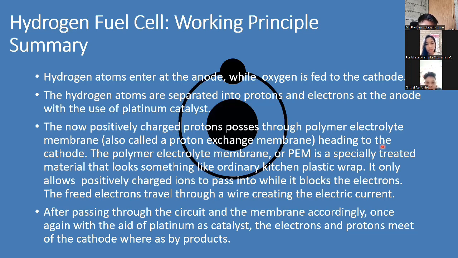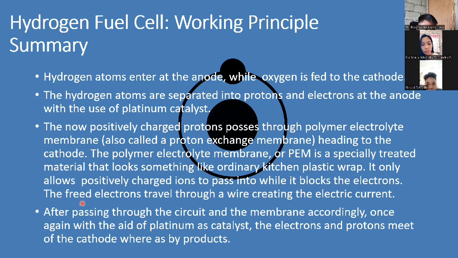The polymer electromembrane, or PEM, is a specially treated material that looks something like ordinary kitchen plastic wrap. It only allows positively charged ions to pass through while it blocks the electrons.